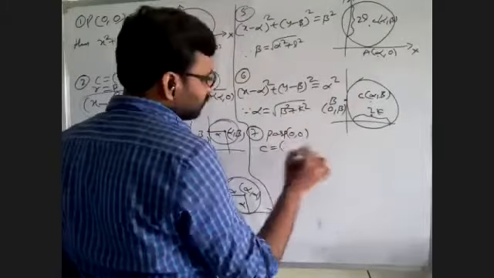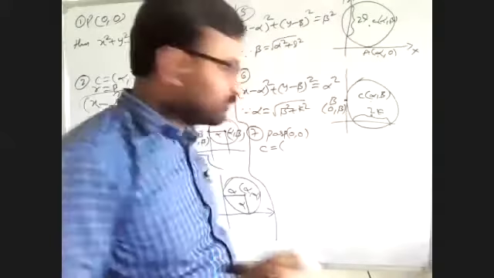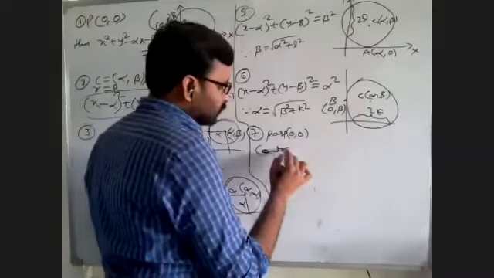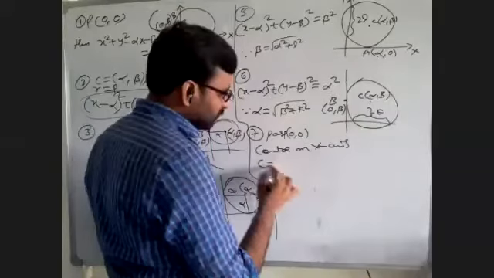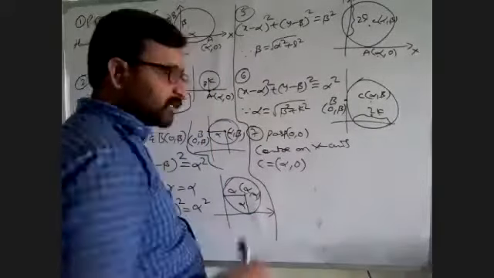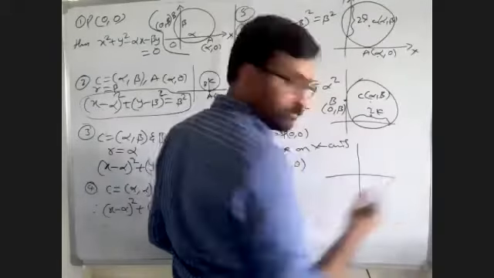Center on the x-axis, that is what? Center is alpha comma 0. Why? Because the center is on the x-axis, and on the x-axis y is 0. You will get a circle like this.